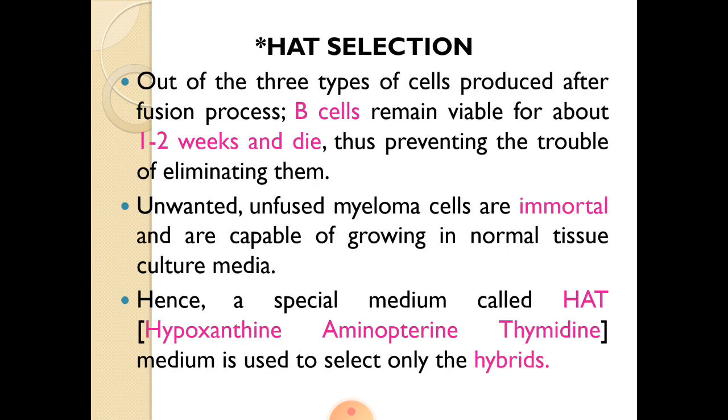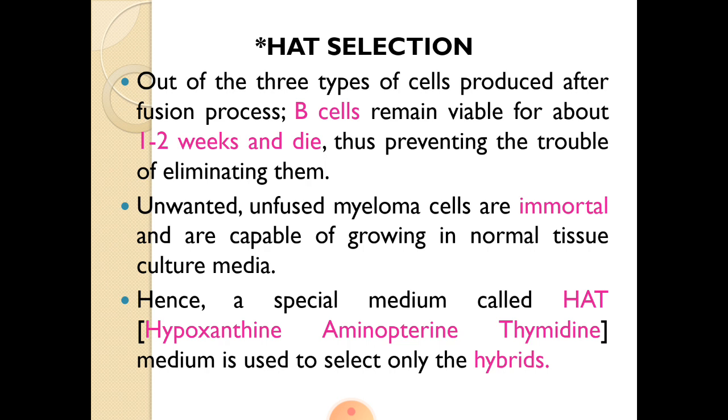Then, what is HAT selection? I told you, the mixture has three types of cells. Out of these three types of cells produced after fusion, B cells remain viable for about 1 to 2 weeks and die, thus preventing the trouble of eliminating them.